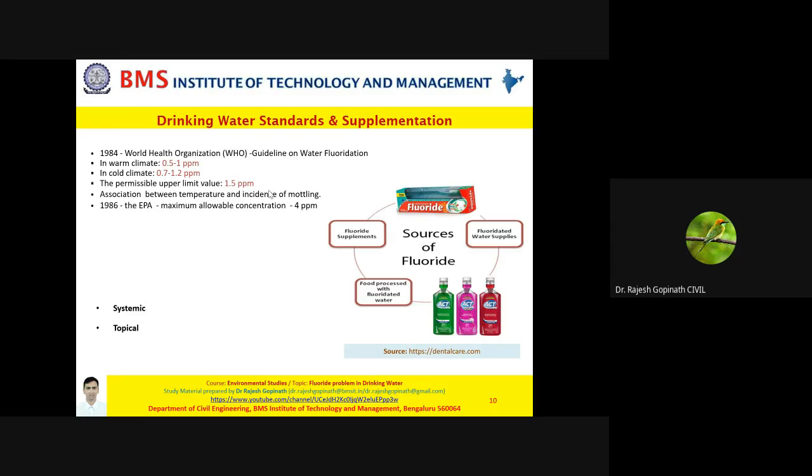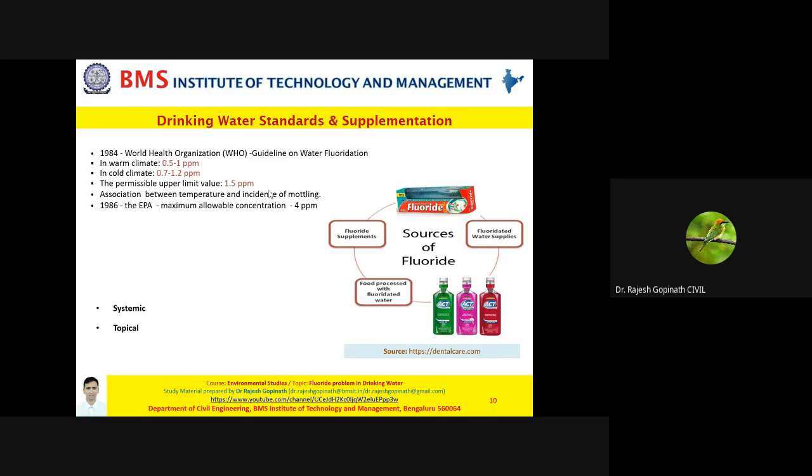Basically, what we need to understand is, in 1984, the World Health Organization itself had issued guidelines on water fluoridation. Now when you speak about guidelines, here the guidelines are based on temperature. That is, countries which belong to the warmer regime and countries which belong to the colder regime.